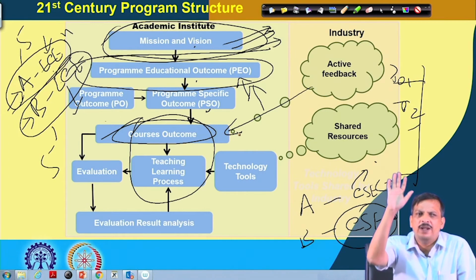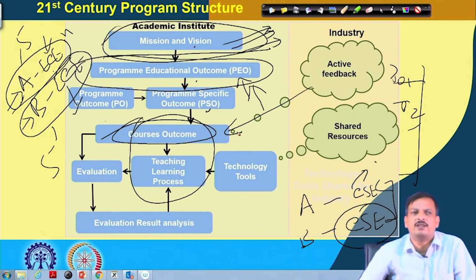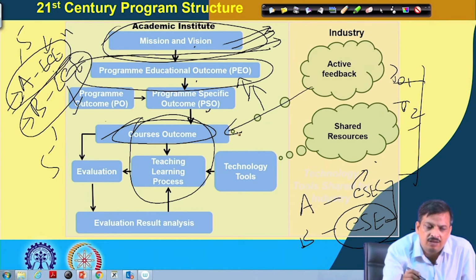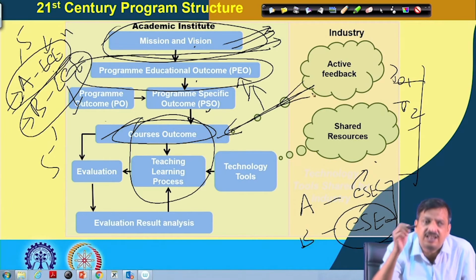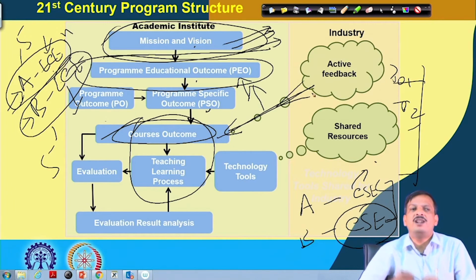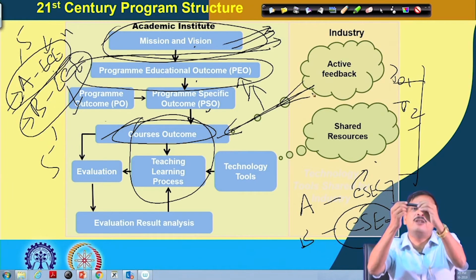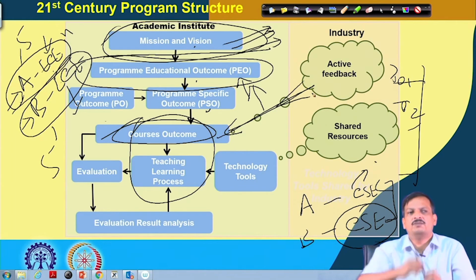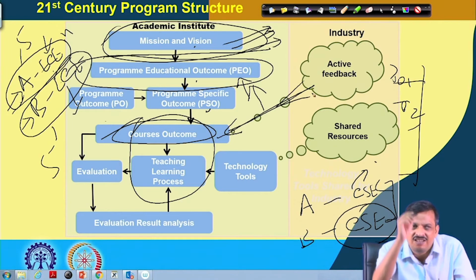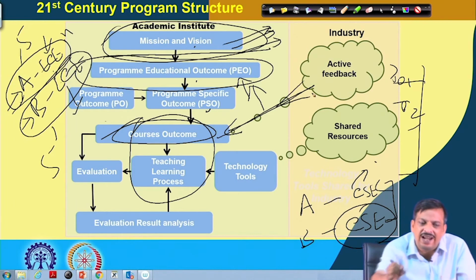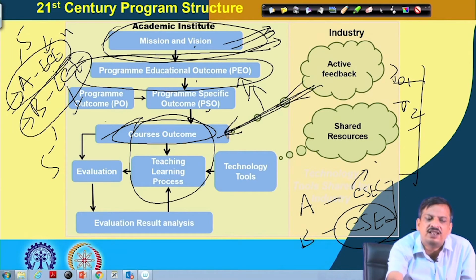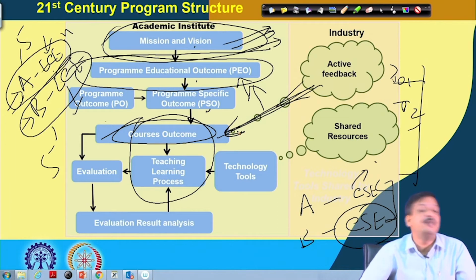Their program educational outcome says that, and the mission and vision of the institute also say that. Then I can say that the course outcome must be reviewed by the industry. One teacher writes a course outcome, and industry may say this kind of skill is obsolete, better teach this skill. So, that is why active feedback from the industry on the course outcome is very much necessary.